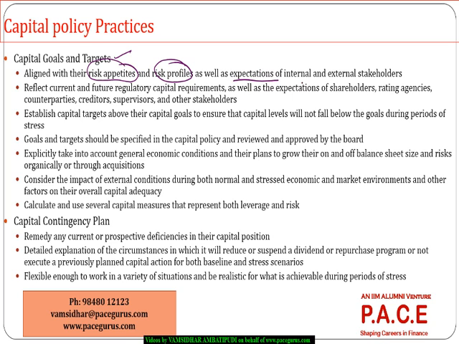What are the expectations of the internal stakeholders, probably the employees, the management, etc. The external stakeholders, creditors, shareholders, etc. So based on their expectations, we are setting the risk appetite and the risk profile of the company and seeing whether the capital goals are more in line with these kinds of expectations. So the goal should clearly reflect the current and the future capital requirement. So the current requirement as well as the future.